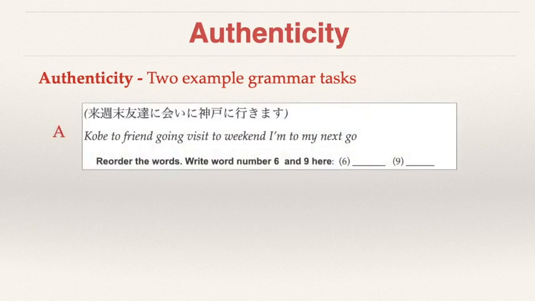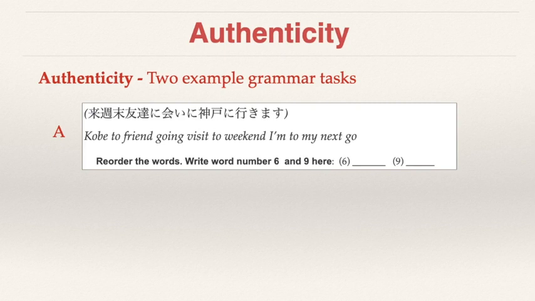Problem A is testing knowledge of English word order. Based on an L1 translation, test takers must order the words in English and indicate that they ordered them correctly by writing the words in the correct place. This kind of test problem is sometimes used in Japanese university entrance exams.